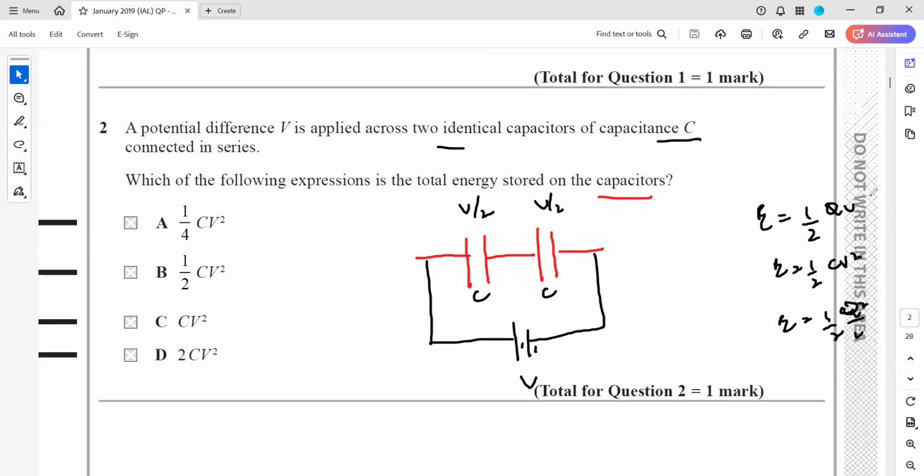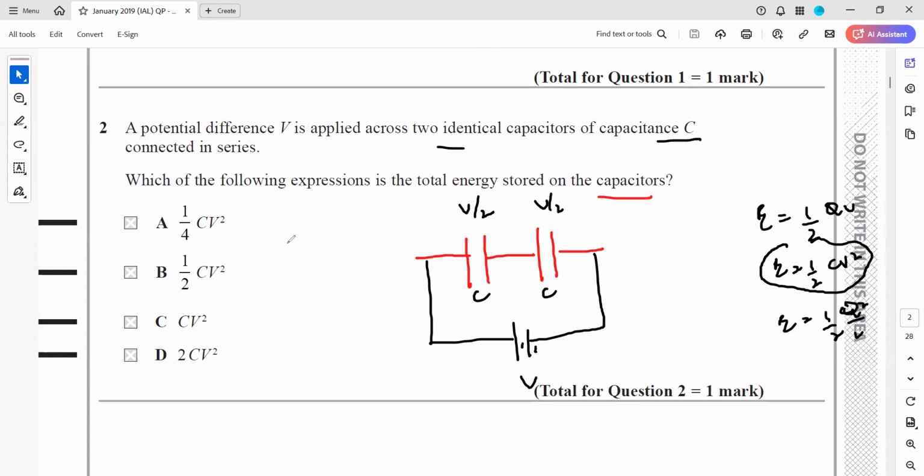We cannot use the first formula because we don't know the charge. We could find the charge, because voltage and charge are directly proportional, but I prefer to use the formula which has one constant. Here capacitance is constant.